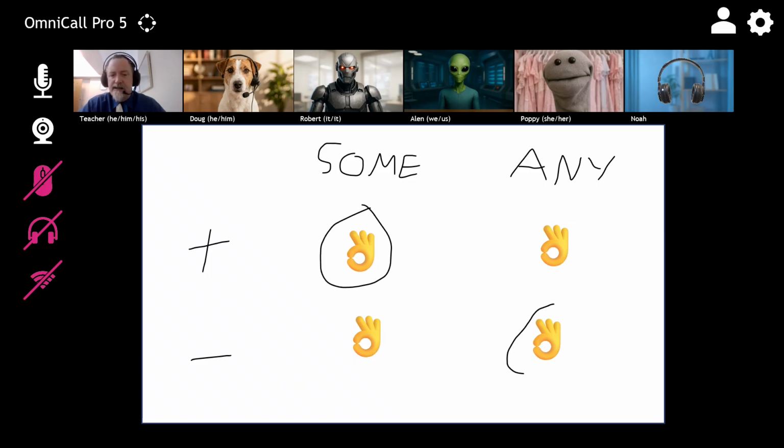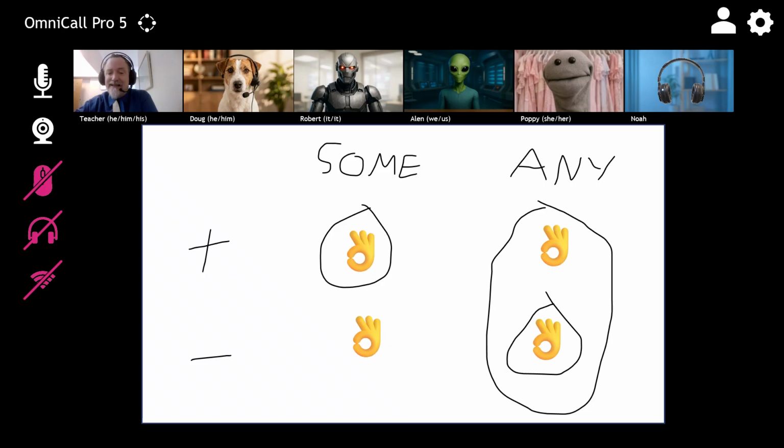Some is positive, any negative. Let's talk about just any for right now. When we use any, it is 100% or 0%, and we're choosing one out of the group. So all of these have the same property, that we're talking about each item in the group.